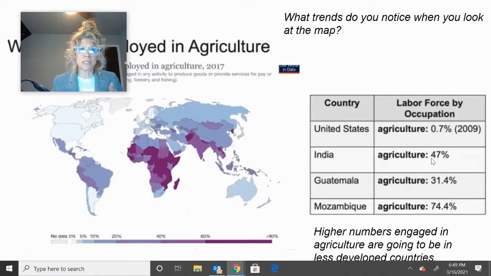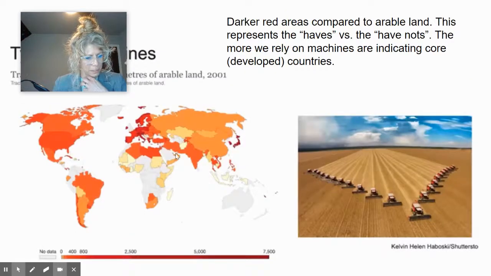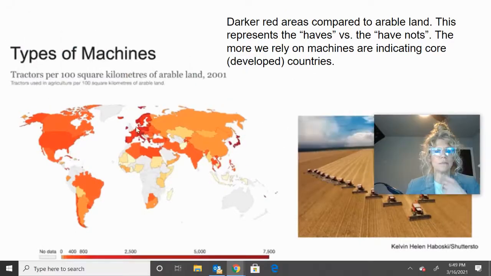And so those subsistence farming areas are going to be places like sub-Saharan Africa, where you do see farmers 50% to 70% or even 90%, right? And then in places like the United States, we have less than 2%, and that's going to be commercial farming. Okay, hope that makes sense. Let's move on to types of machines.